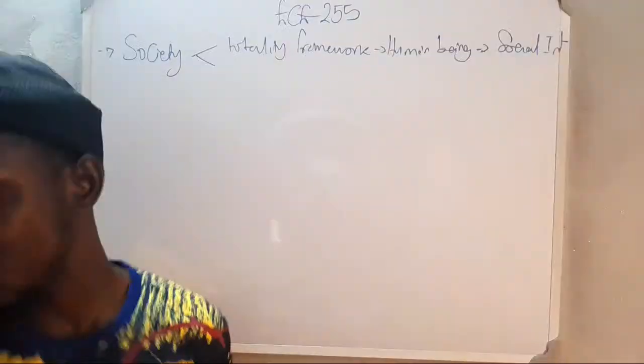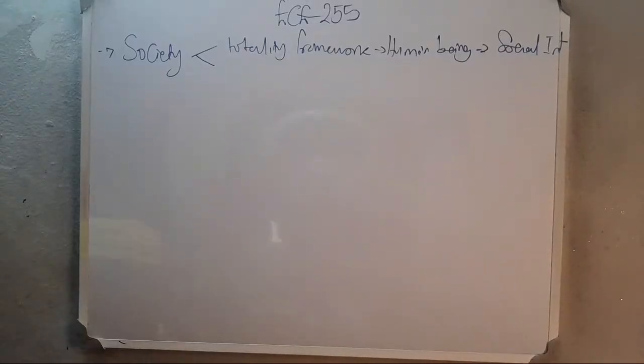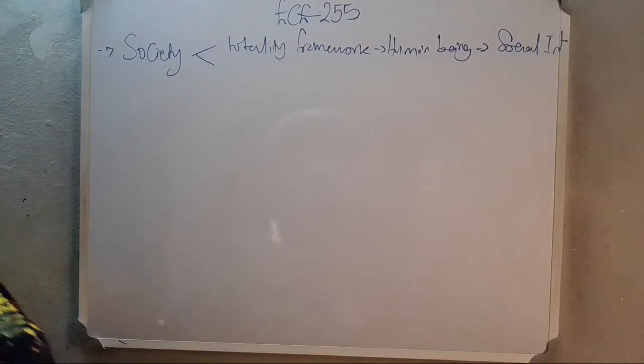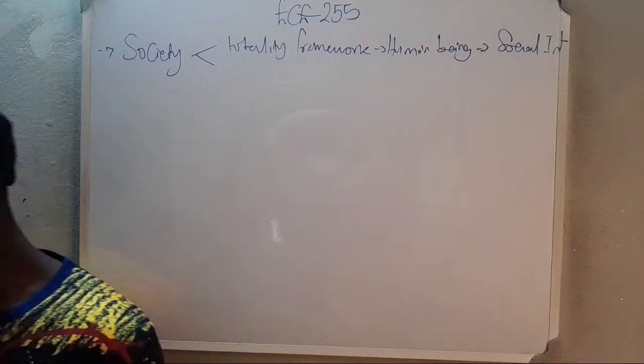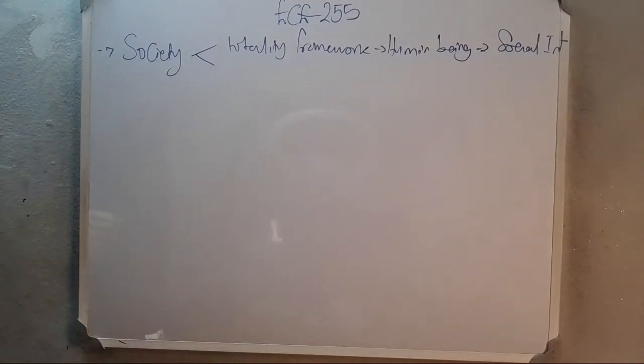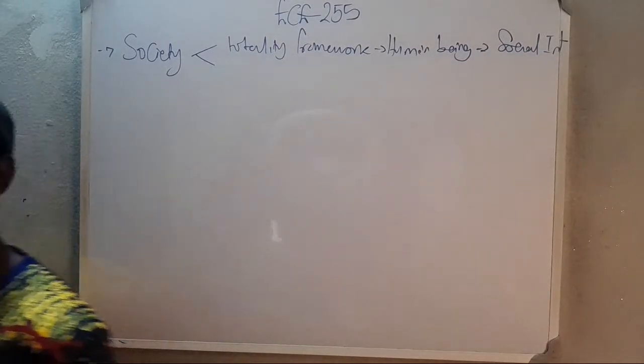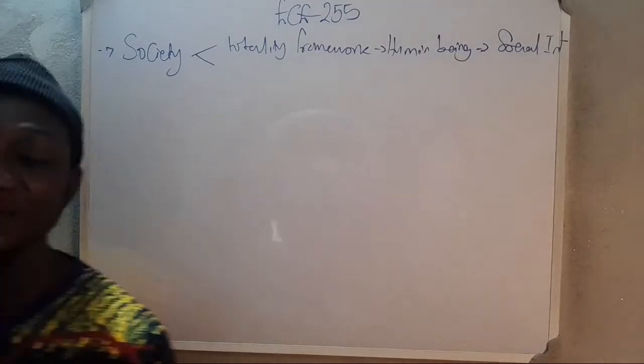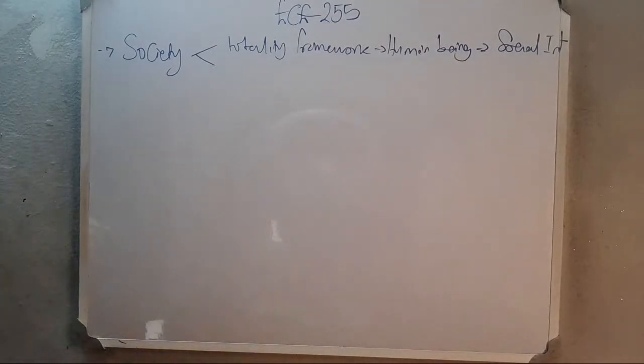In the totality, where we have human beings engaging in what we call social interaction. From another sense, it is regarded as a social environment. It is seen as a social environment.